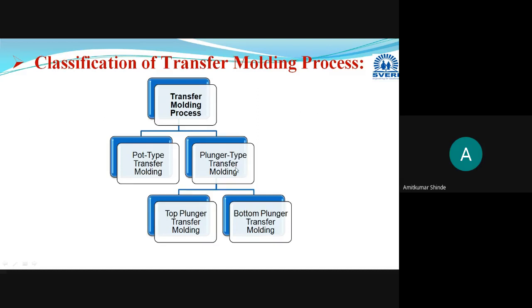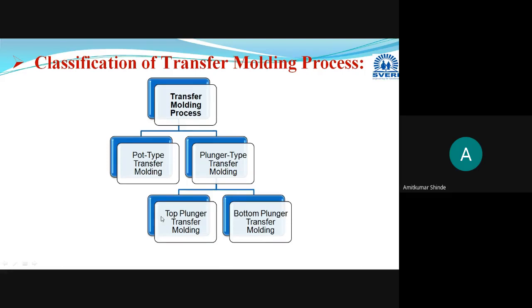Now, the plunger type transfer molding process is classified in two types: top plunger transfer molding process and bottom plunger transfer molding process, depending on the movement of the plunger.